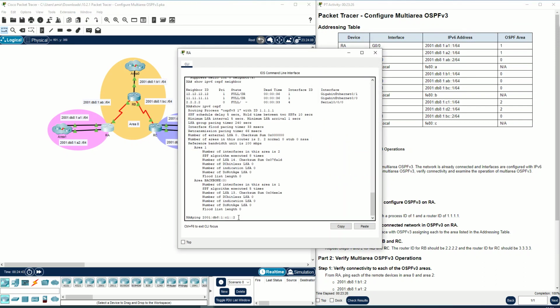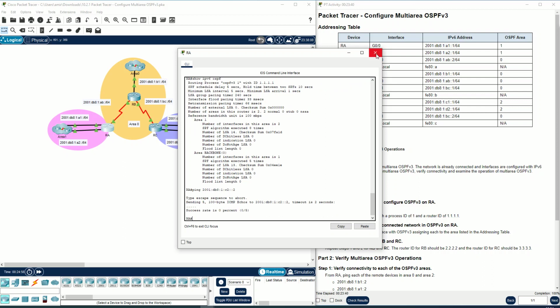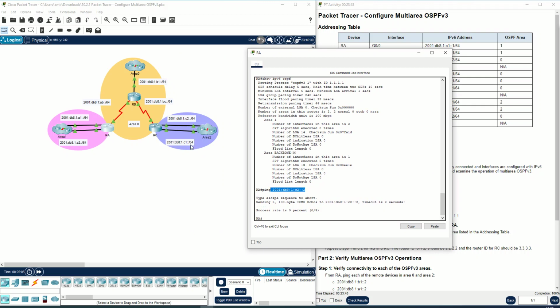Yes, but we also want to check this ping. It doesn't work. I don't know why, but I have also written all of the comments here. There is nothing for troubleshooting here because I don't know what this IP address is for, C2 and C1.